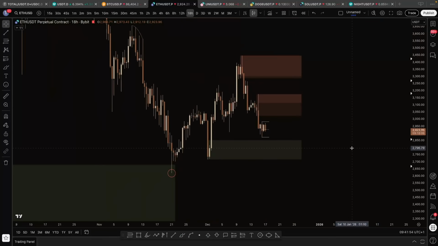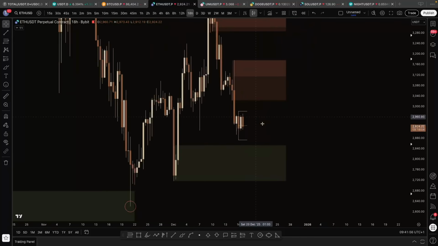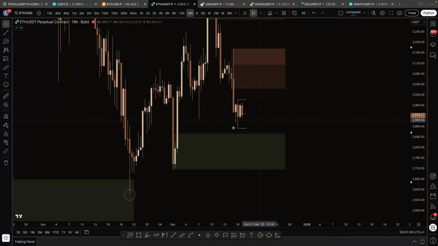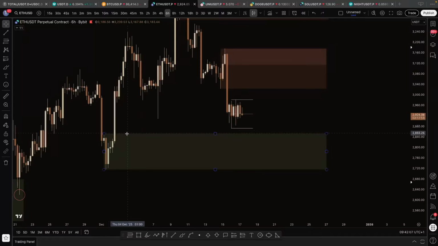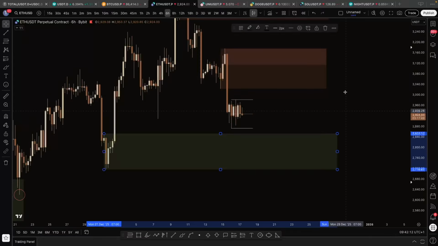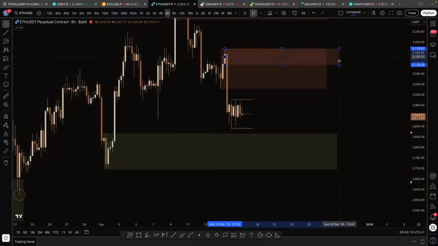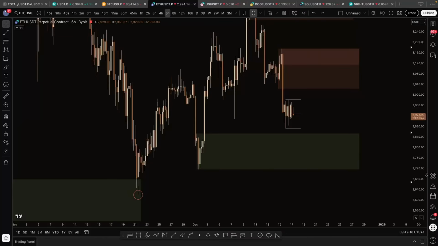On the higher time frame, we can still see we have supply POI above us, we have demand POI below us. Do we have some breaker below us in the demand? I think not. No. Those are very clear POIs, and we are in between those POIs. And in between those POIs, we can have schematics as well.